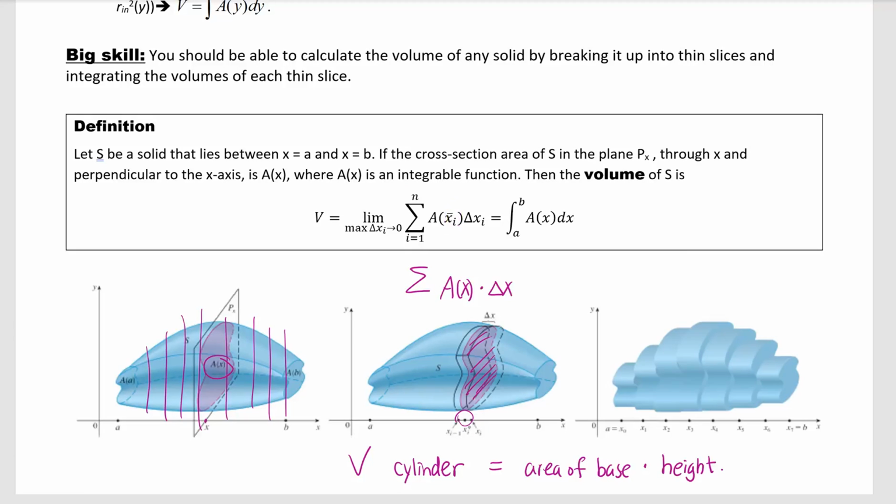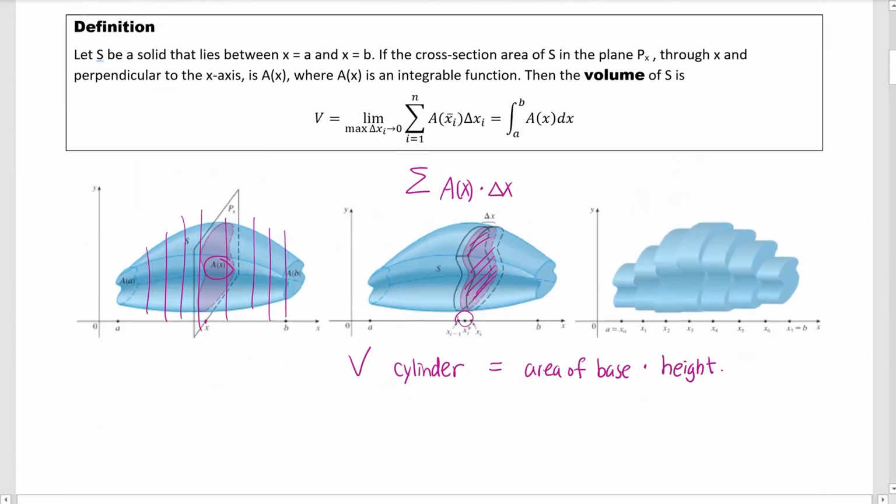So this is like a Riemann sum. But anyway, you can use this simple version to get the idea. This is the sum of the volume of each slice. And for each slice, the area of base is the cross-section area and the height is change of x. So that's why we get this integral from a to b of A of x dx. Okay, so keep this in mind.